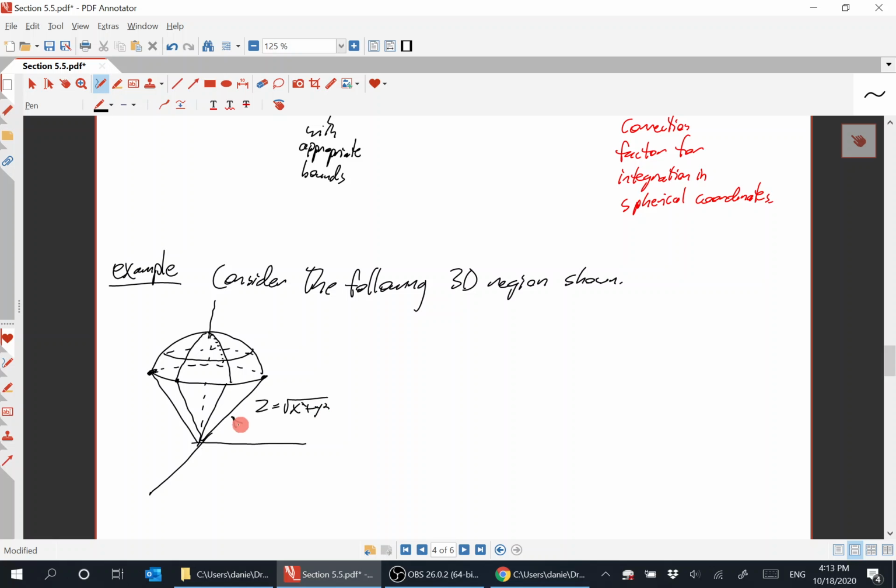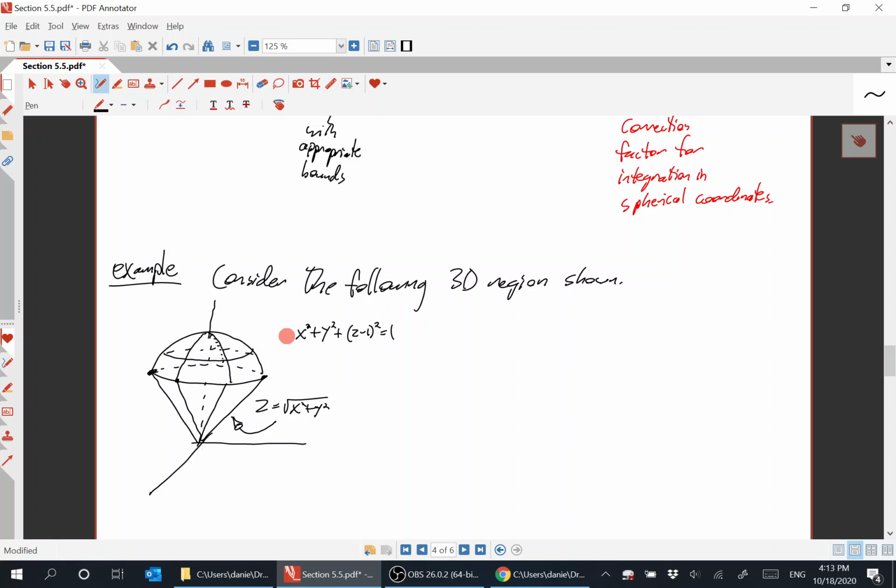That's the cone whose sides are angled at 45 degrees downward. And here, this is going to be the sphere x squared plus y squared plus z minus 1 squared equals, let's just say 1. So that's the sphere of radius 1 centered at 0, 0, 1. So rather than centered at the origin.